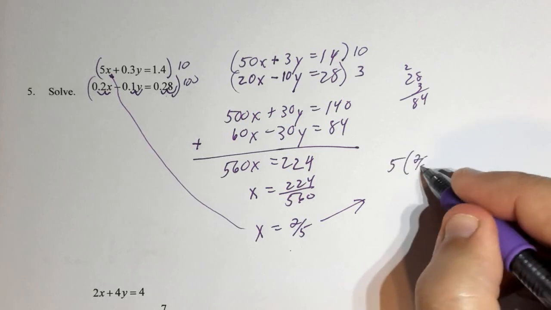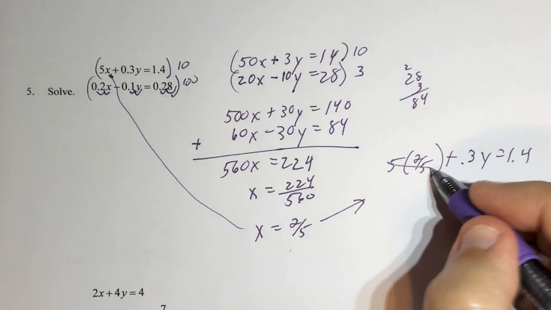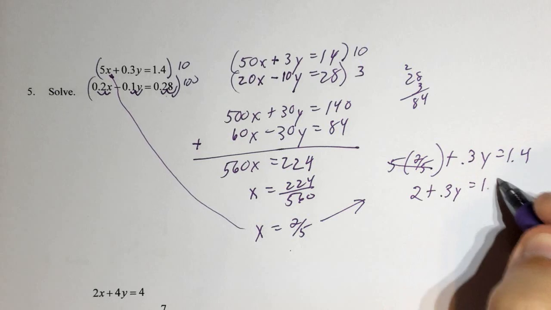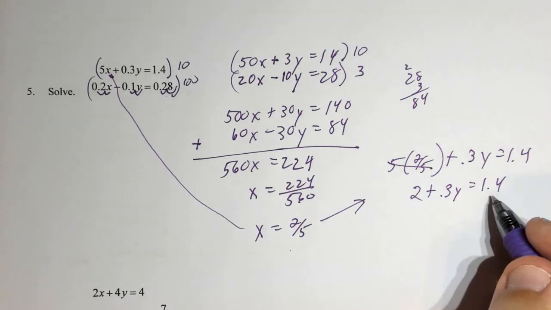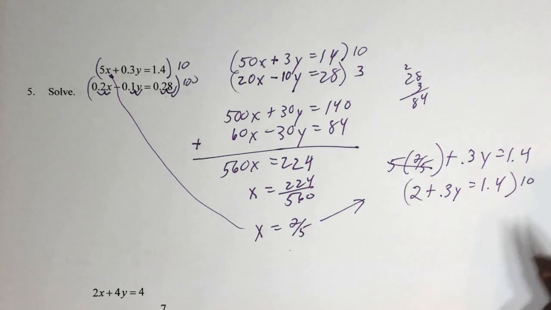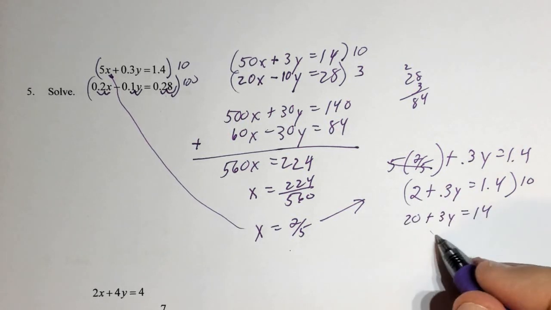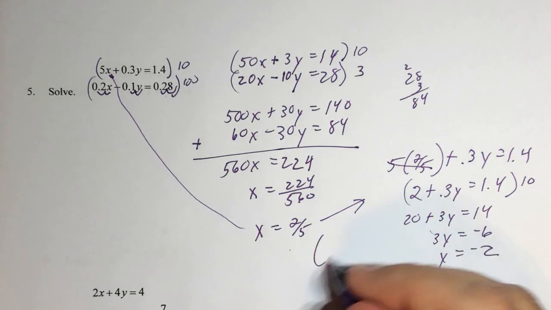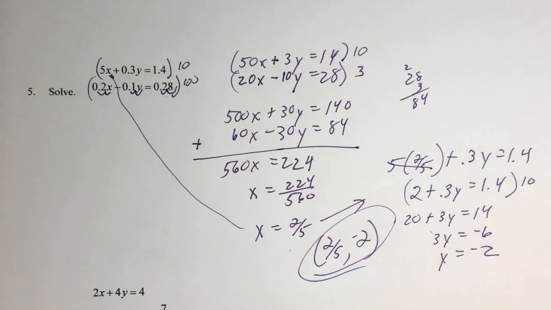Be 5 times 2/5 plus 0.3y is equal to 1.4. So that's going to give me 2 plus 0.3y is equal to 1.4. Which means then I'm going to subtract the 2. And if you want, you can multiply everything here by 10 again, which would be 20 plus 3y is equal to 14. This will be 3y is equal to negative 6, and y is negative 2, which gives me the point 2/5, negative 2. Booyah.